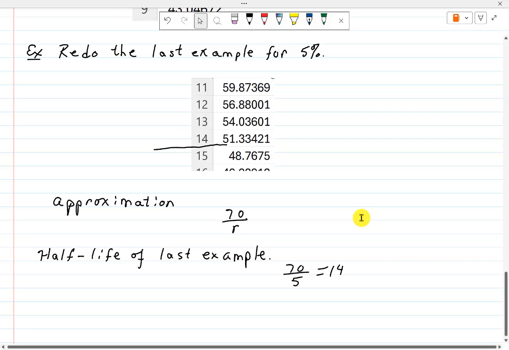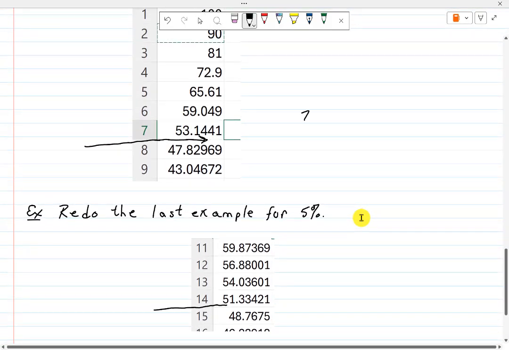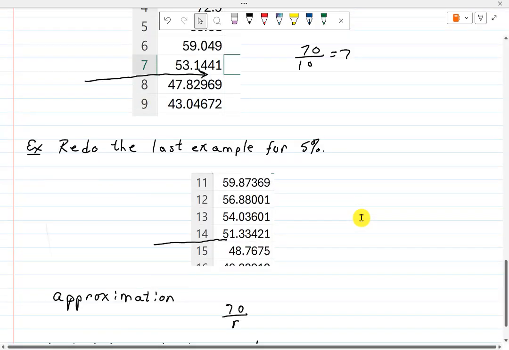And that's very close. Let's do it over here. That was 10%. So 70 divided by 10 gives me 7 years. So the approximation is working very well for these things.